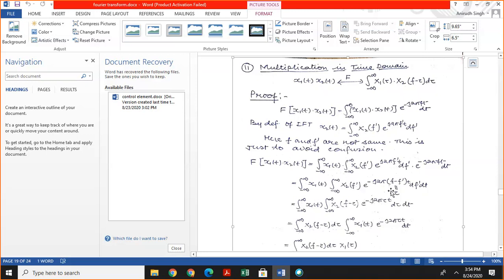this expression. If we replace f minus f dash by tau and rearrange this equation, if f minus f dash is tau, then f dash is replaced by f minus tau, and exponential minus j 2 pi tau t d tau and dt.